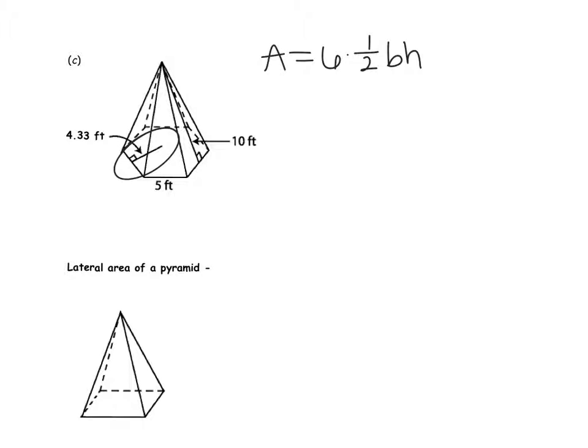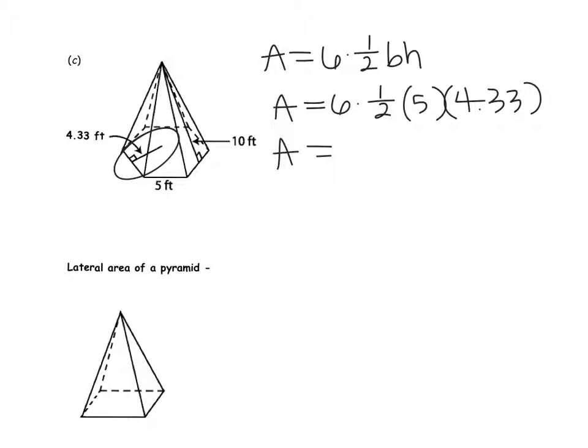That's the height of each of our triangles within our hexagon. And we have the base of 5 feet, so the area is going to be 6 times 1/2 times 5 times 4.33. So when we do 6 times 1/2 times 5 times 4.33, we're going to end up with 64.95 feet squared.